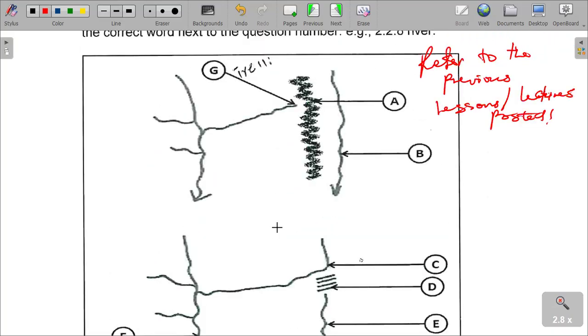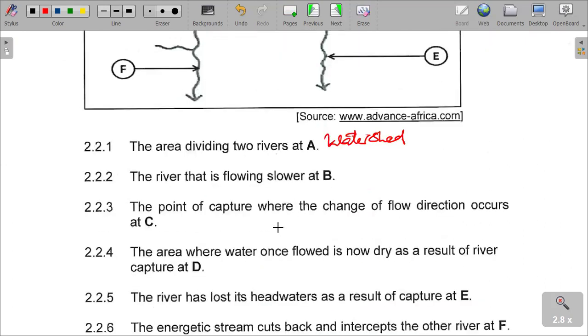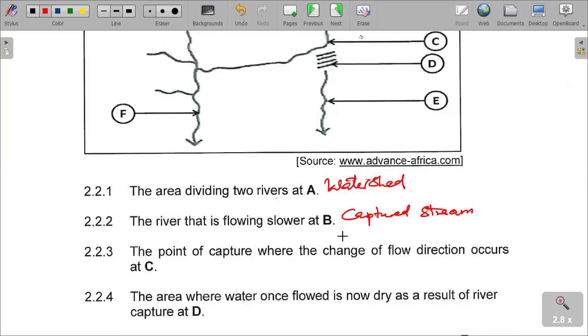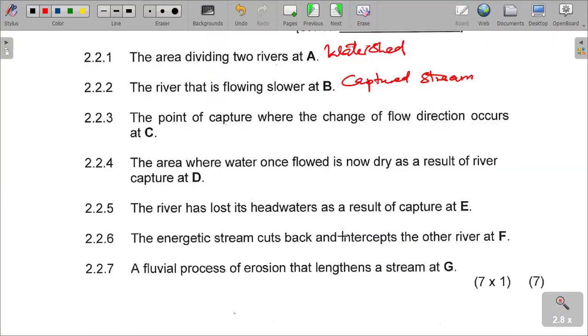It is the captured stream. B is a captured stream. And then the point of capture where the change of flow direction occurs at C, it is an elbow of capture. Elbow of capture is where we have got change of direction.